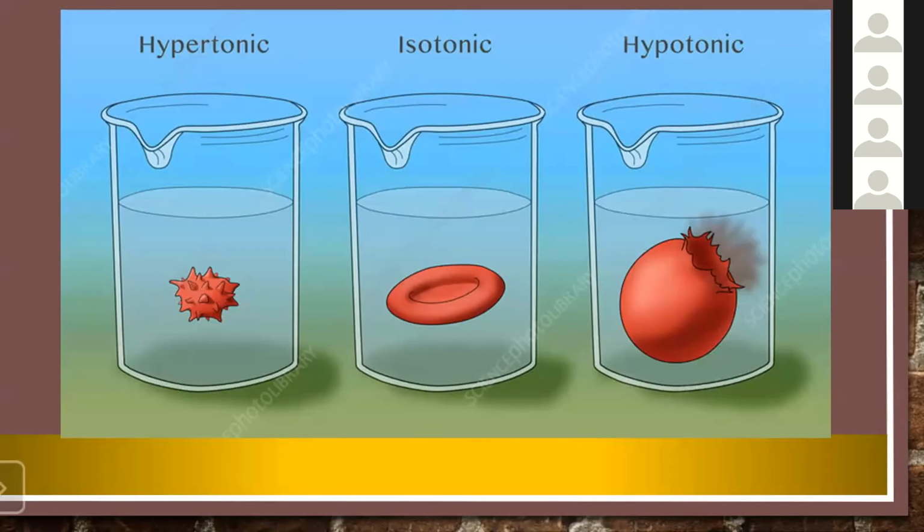So the first one is hypertonic, where it gains water from the tissue or from the cell, and then the consequence is that the cell reduces in size, so the cell gets crenated. And then the second one is isotonic, having similar concentrations, and therefore there's no net movement of water molecules either into the cell or outside the cell.